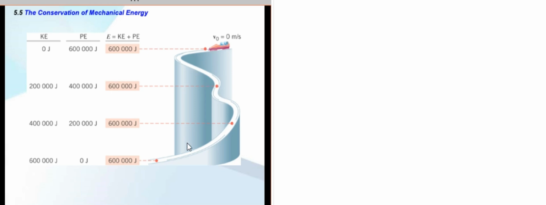Again, as it goes down, near the end point, the kinetic energy keeps increasing and the potential energy keeps decreasing, until it reaches the lowest point, wherein all of your potential energy was converted to kinetic energy. At the lowest point, the potential energy is 0 joules because your height is already 0.